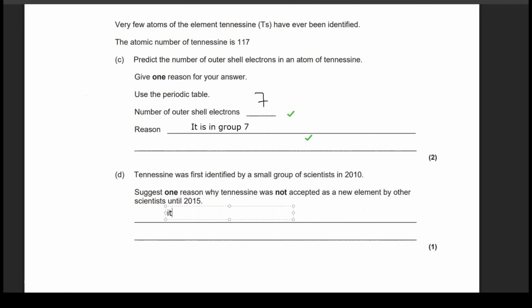So we want to say it took time for other scientists to review the evidence. Okay, so the evidence needs to be reviewed. So we might be able to say peer review. We might also be able to say they needed more evidence.